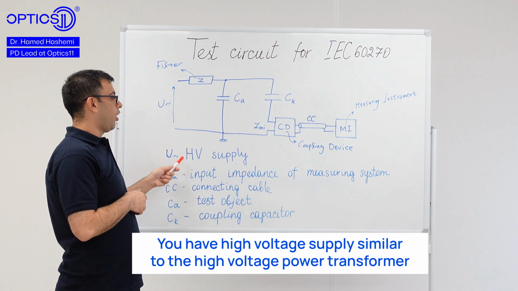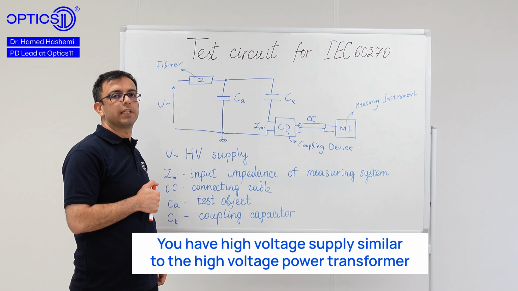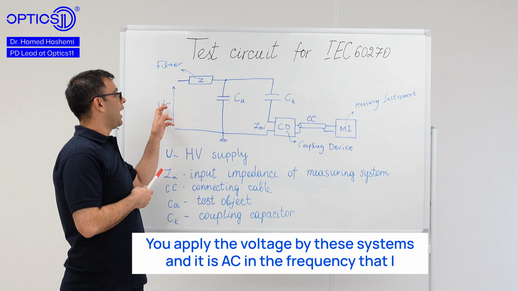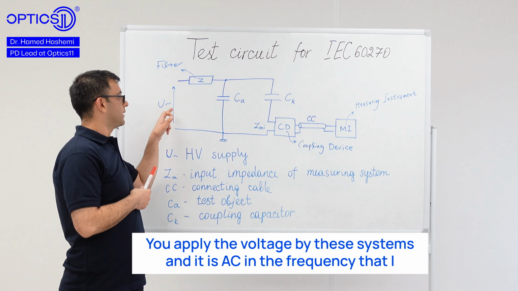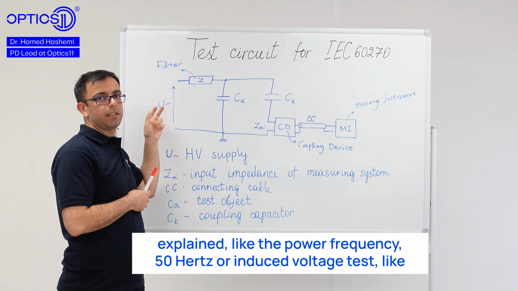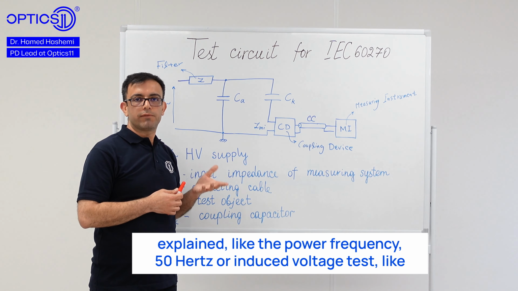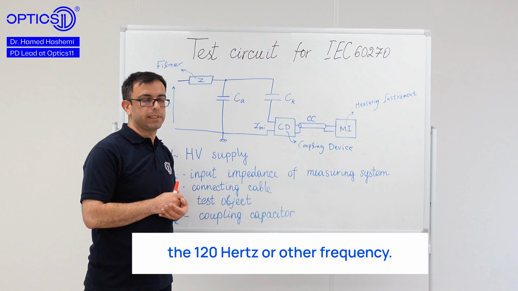You have a high voltage supply, similar to the high voltage power transformer that you use in the laboratory. You apply the voltage by this system, and it is AC at the frequencies that I explained, like the power frequency, 50 Hz, or an induced voltage test like 120 Hz or another frequency.